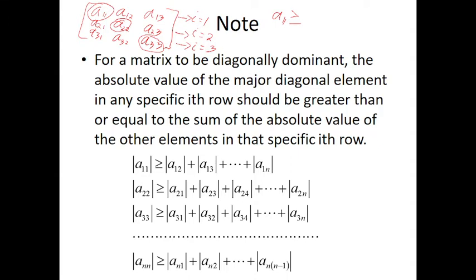So in that case, A12 plus A13, absolute value. Take note, absolute value. So we consider the absolute value. When we say absolute value, we only consider the positive value of that element.